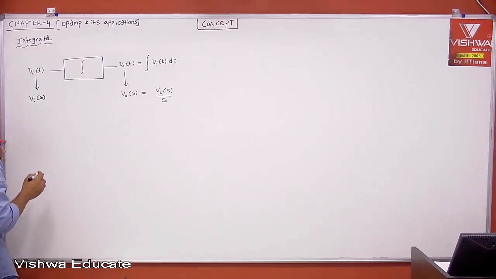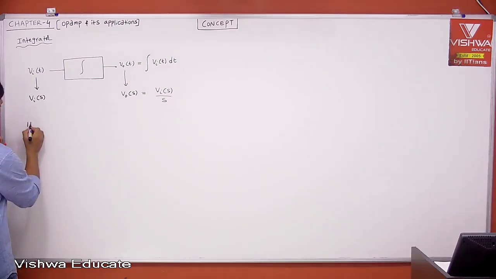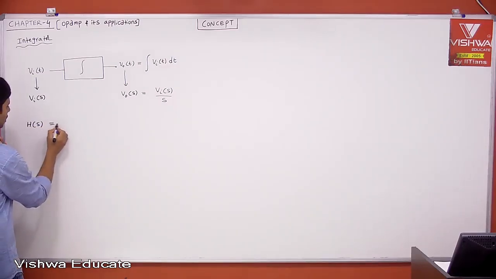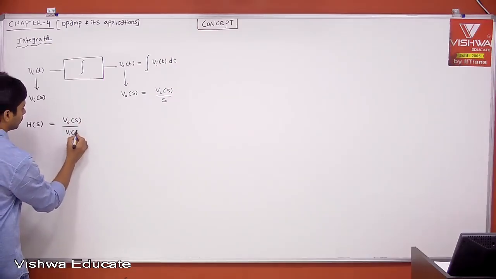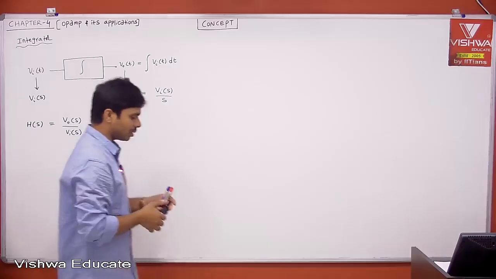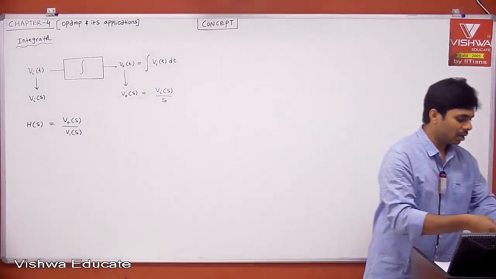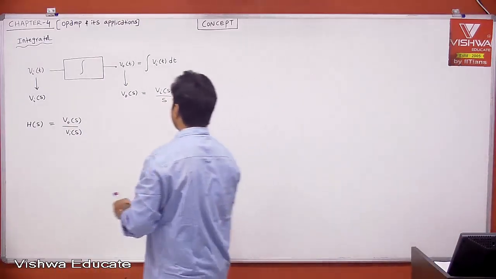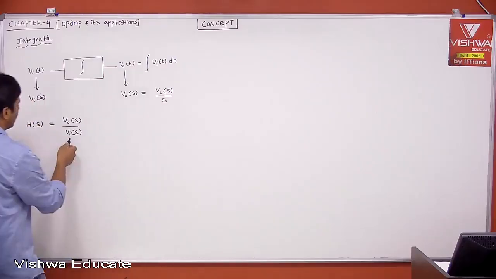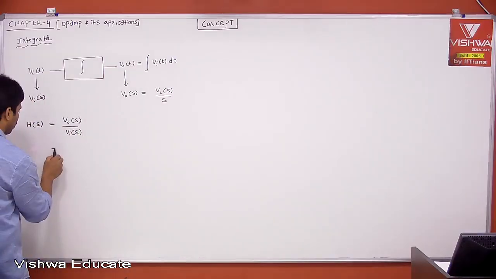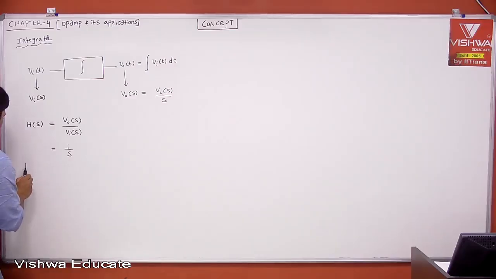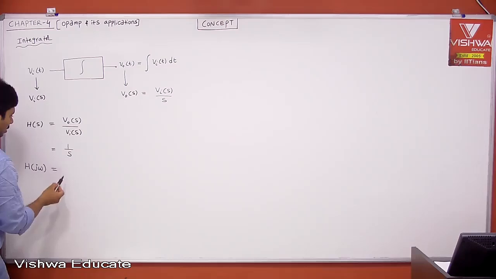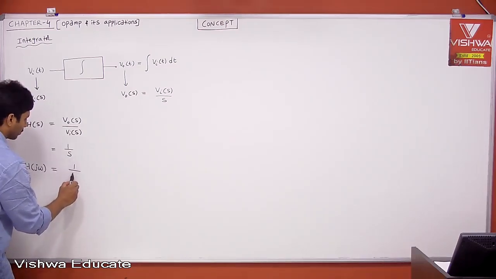Now tell me what the transfer function is. Transfer function H of S is equal to V naught of S divided by VI of S. V naught of S is 1 by S into VI of S, divided by VI of S, so it is left with 1 by S. Then if you convert, S equals j omega, you get 1 by j omega.